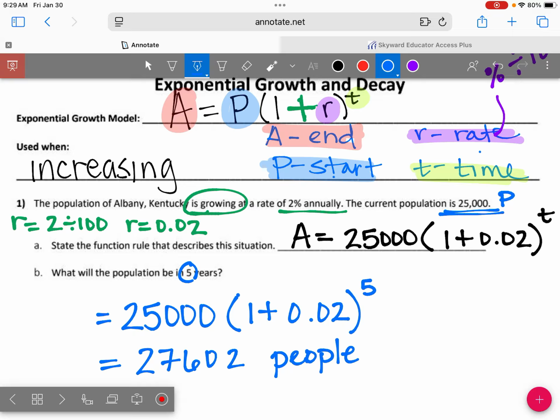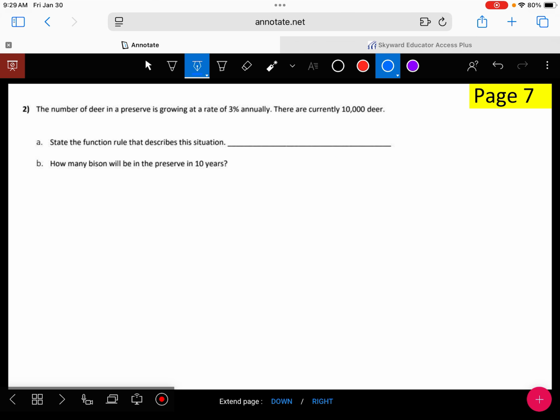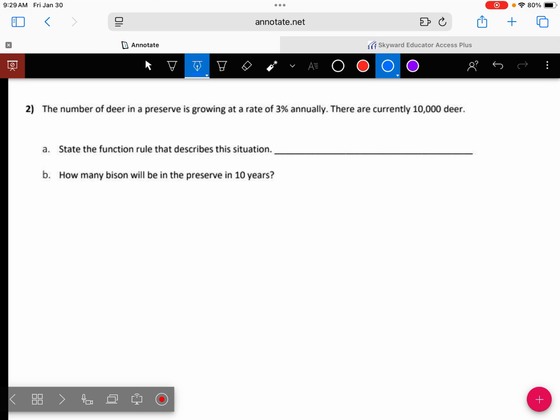Okay, let's go to number 2. Now we're talking about deer. Sweet little Bambi. So deer is growing at a rate of 3%. So 3 divided by 100 is 0.03.